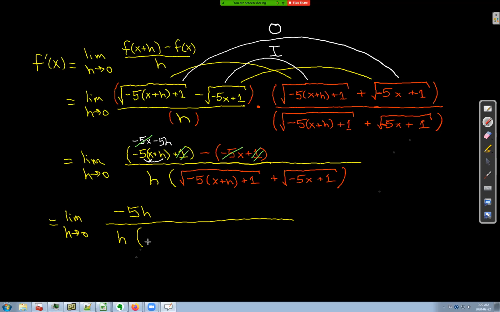So, okay, in the denominator, I still have this big old nasty square root, -5 times x plus h plus 1 plus the square root of -5. Oh yeah, that's the other thing I should say, this is why you never try to do these problems in your head.